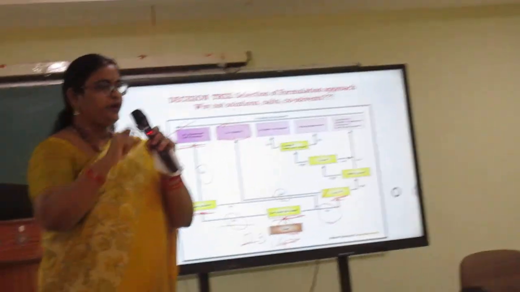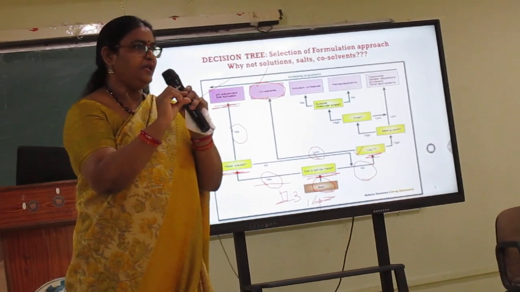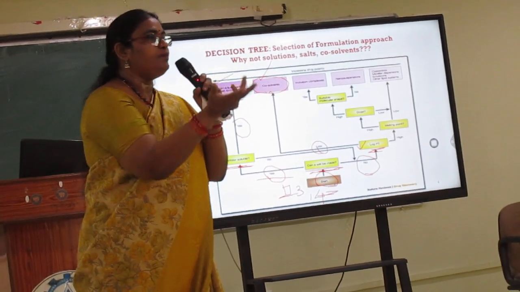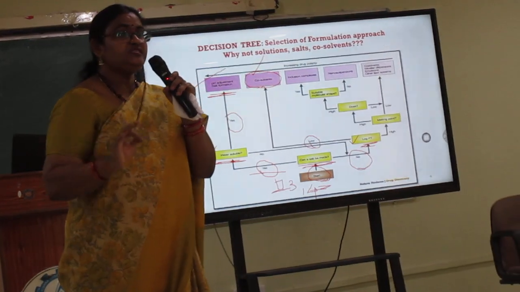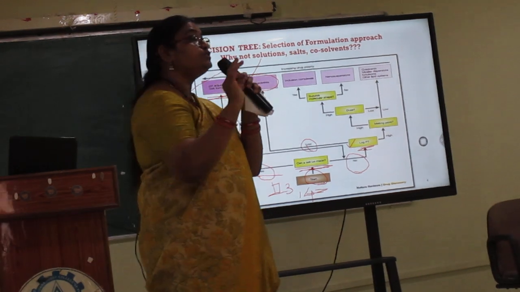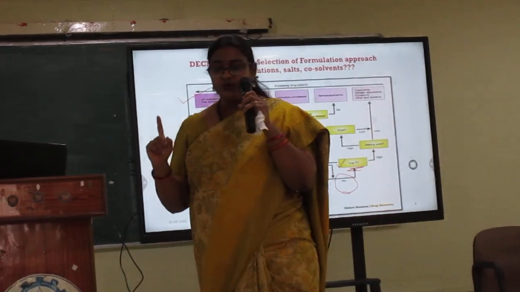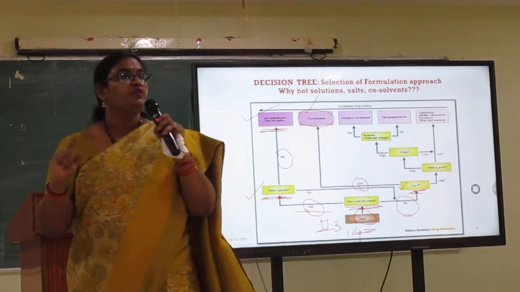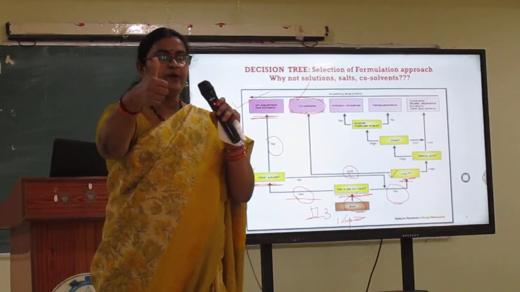What you do? Take your drug, dissolve in 5 ml ethanol and combine the remaining ml with water. Solubility is increased. So this is an approach called co-solvency. Agree? So you go for co-solvency as an approach when the log P is less than 3. Am I clear to you?